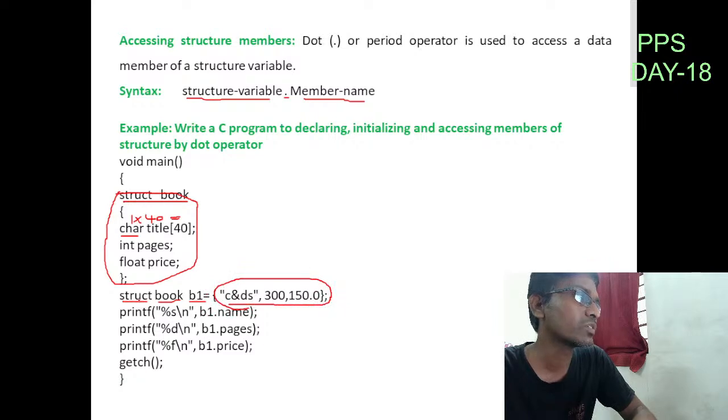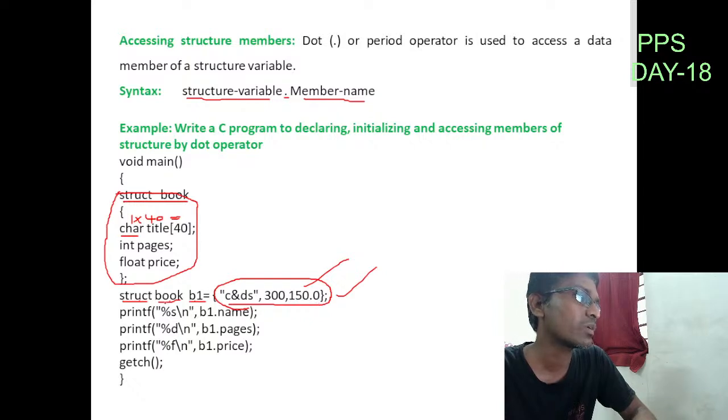By using struct followed by the structure name followed by the structure variable is equal to a list of values, we initialize the structure members. This line is used for initializing the structure members: title C and DS, pages 300 and price 150.0.